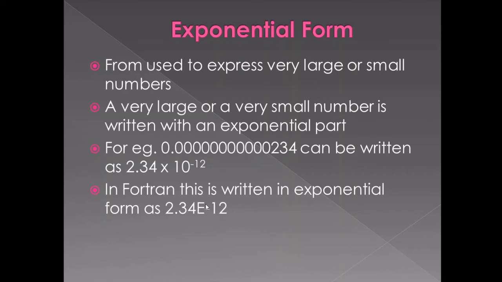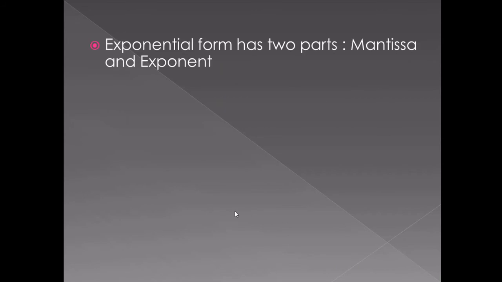E stands for exponential. It's not necessary that E has to be in capital letters. As I told you, it's case insensitive. So you can write small e as well. So this part is called the mantissa. 2.34 is called the mantissa, and this part is called the exponent. So the exponential form has two parts, the mantissa and the exponent.